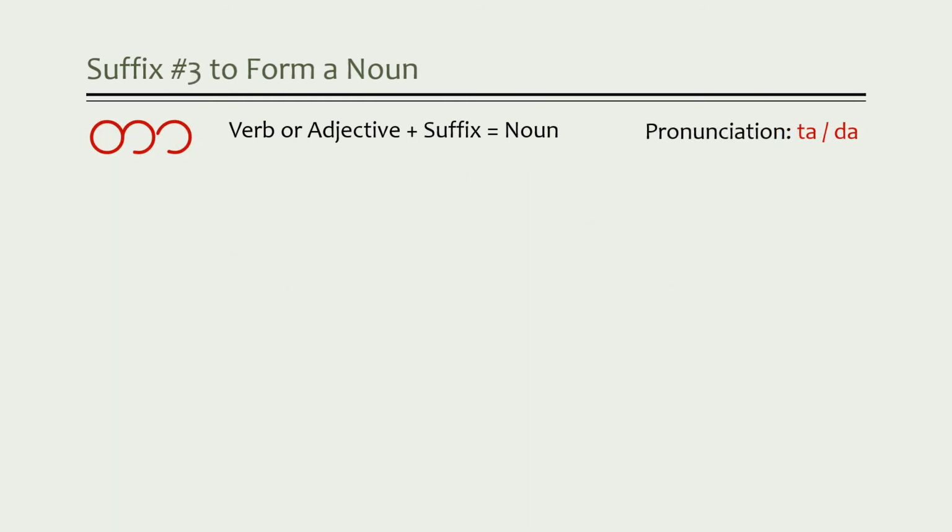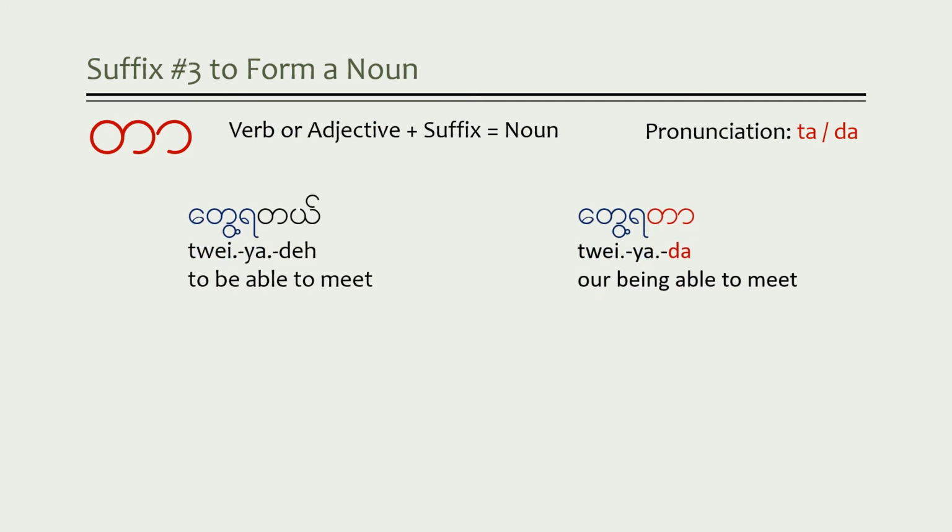The last noun-forming particle I'm going to talk about is this one. It's pronounced da or ta. Now, in this first example, this may very well be a part of one of the first phrases you learn. When you want to say, it's nice to meet you, you say, Dueara wantabare. Well, that phrase uses this suffix.